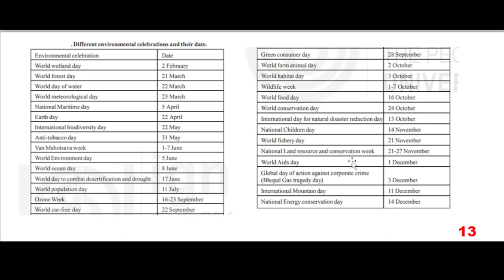National Water Resource and Conservation Week, 21 to 27 November. World AIDS Day on 1st December. Global Day of Action Against Corporate Crime, that is the Bhopal gas tragedy, on 3 December. International Mountain Day, 11 December. The National Energy Conservation Day, 14 December.